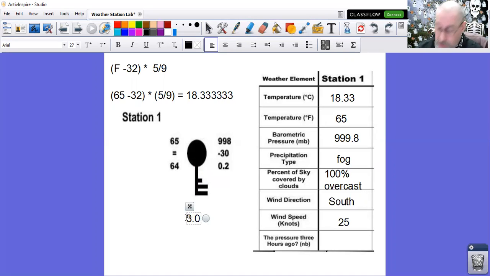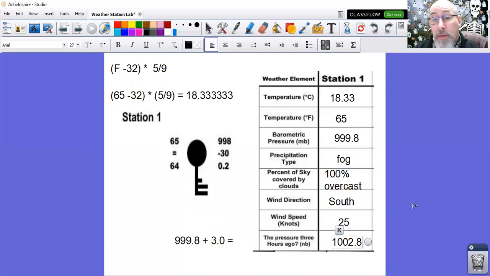So in this situation, we're going to add our 999.8 plus 3, and we're going to get a whopping 1002.8 millibars is what the air pressure was 3 hours ago.